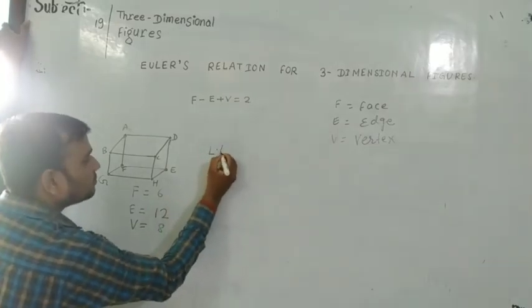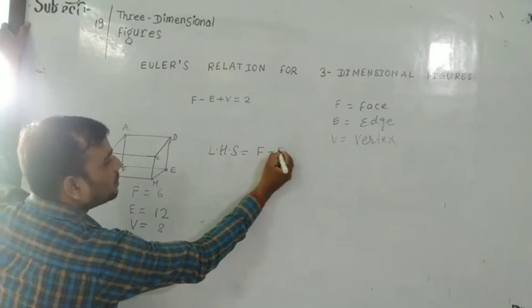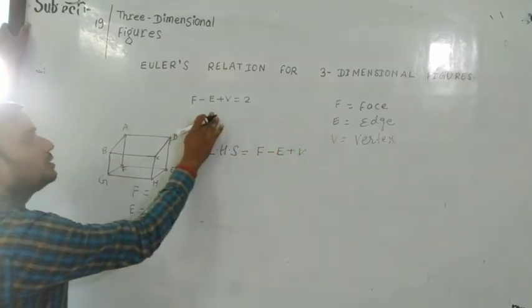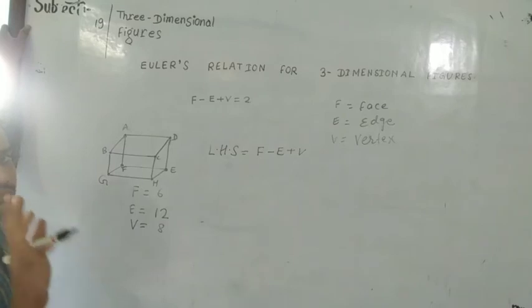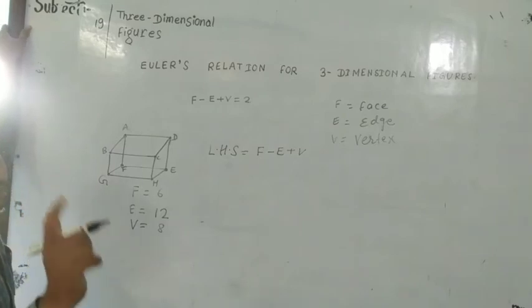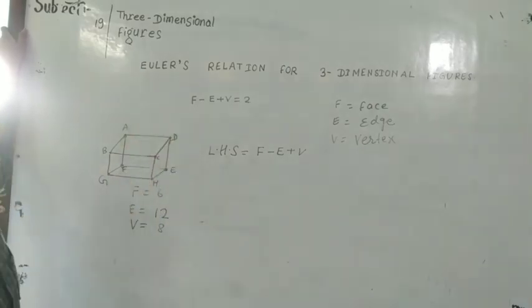Take LHS. The value of LHS is F minus E plus V. You learn this relation because in the Euler relation of three-dimensional figures, 2 questions must be seen in your examination paper. So you learn this formula: F minus E plus V equals 2.